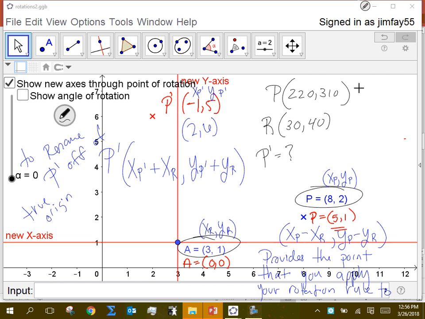So the first thing we do is take this point P, and you're going to rewrite it off of your rotation. So we do that x value, and you remove out the 30, right? So it'd give you 190. You're going to take this y value, remove out the 40.